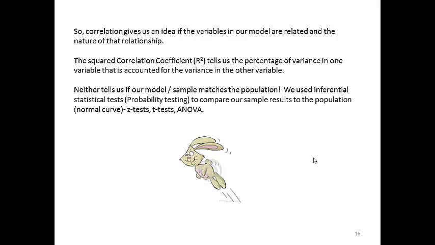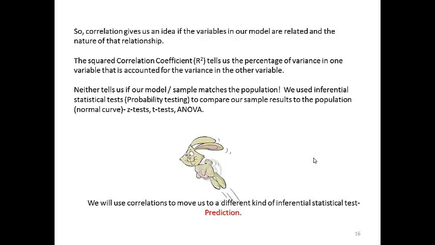The correlation coefficient tells us the percentage of variance in one variable that's accounted for by the variance in the other. But neither tells us if our model or our sample matches the population. We used inferential statistics to compare our sample results to the population: Z-test, t-test, and ANOVA. We will use correlations to move us to a different kind of inferential statistical test, prediction.